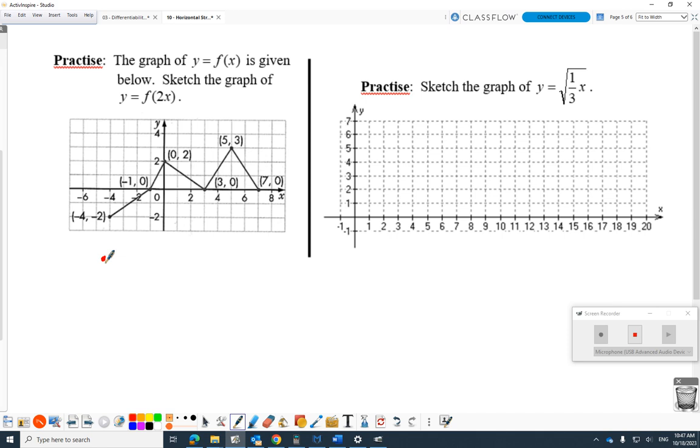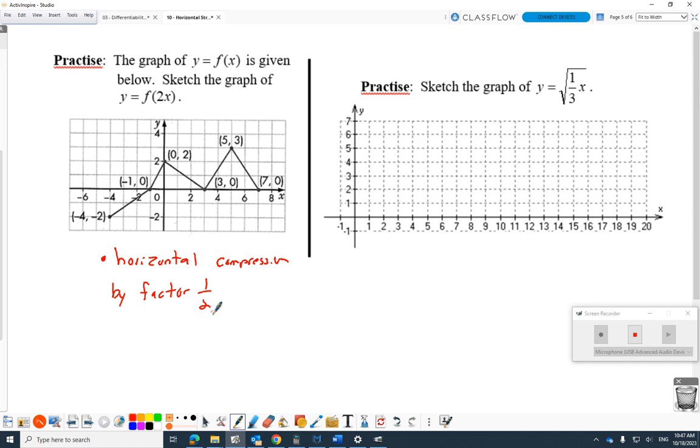Not because today's lesson is horizontal, but because it was inside. The inside ones are the horizontal ones. And it's multiplied by 2. Intuition says multiply by 2 means stretch, but because it's inside, this is a horizontal compression by factor 1 over 2. Flip that thing.